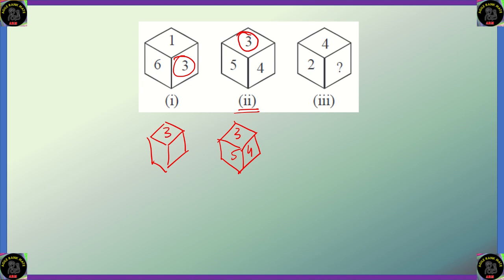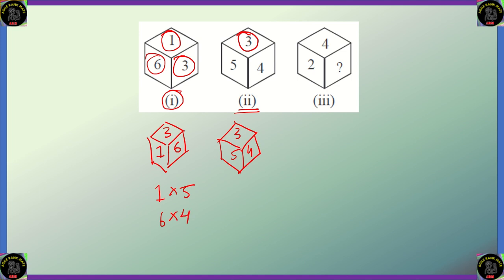Now if we turn our head, we can see that 1 would be on the left side and 6 would be on the right side. This is just the first configuration but in a different way. Now from this we can get two things. We can get that 1 is opposite to 5 and 6 is opposite to 4.